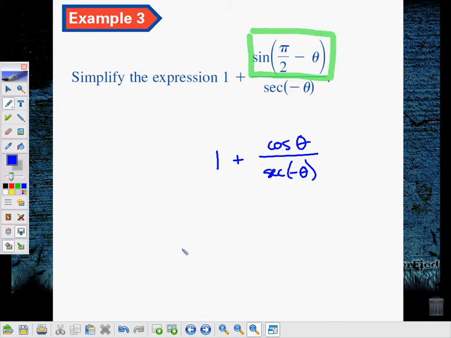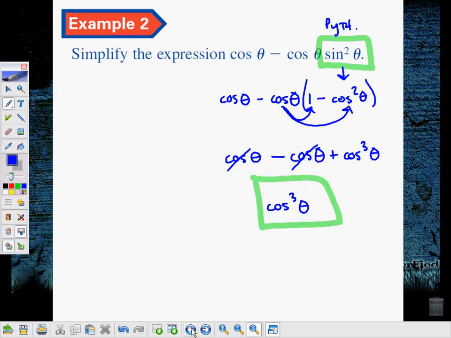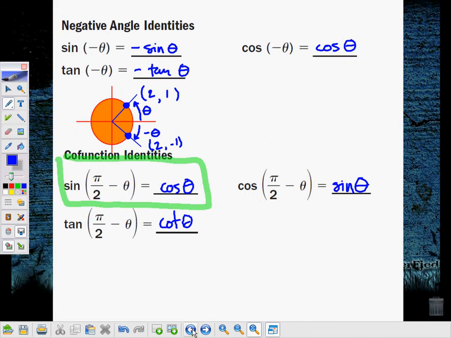Now, I don't have anything that deals with the secant of negative theta. However, I do have some things that deal with other negative angles. I've got sine of negative theta, tangent of negative theta, cosine of negative theta. Nothing with secant.